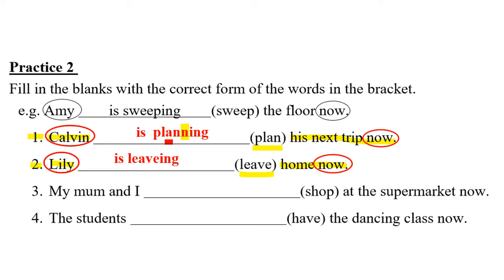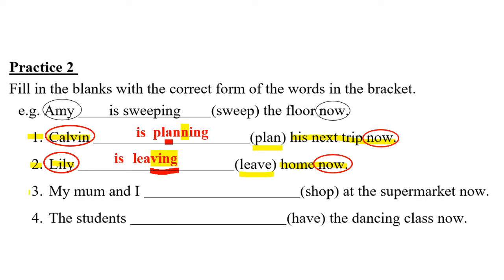Wait, Miss Chen, there's something wrong about the spelling of the word leaving. So how to spell leaving? You now have 5 seconds. Excellent. The correct spelling of leaving is L-E-A-V-I-N-G, because we have to drop the E and add ing to the end of verb.